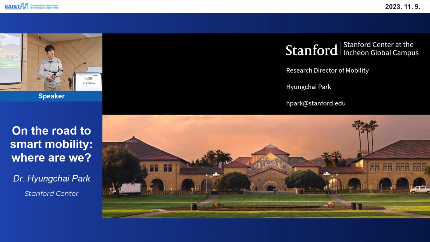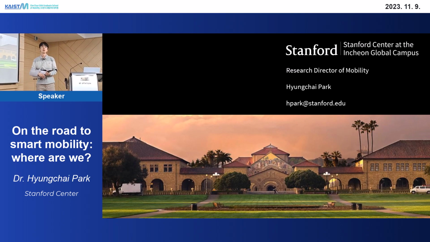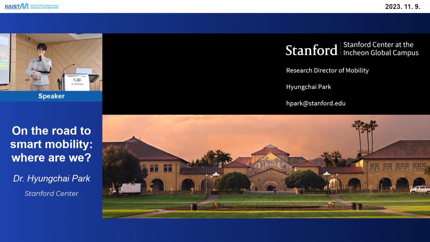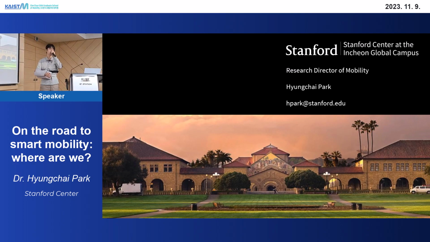Does the Stanford Center also research the ethics and laws about autonomous vehicles, because it's significant? Yeah, actually, my academic advisor at Stanford University is interested in that problem very deeply. So we held a symposium recently, about 4 months ago, about the legal and ethical aspects of autonomous driving.